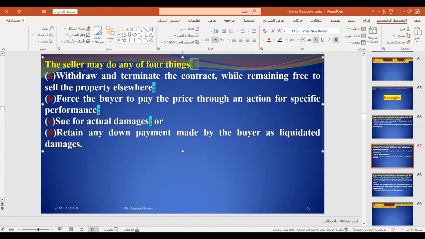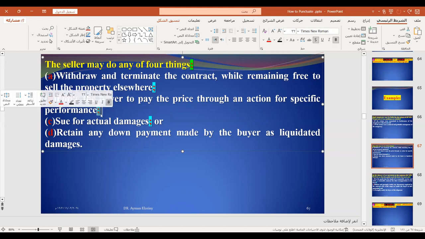Withdraw or terminate the contract, while remaining free to sell the property elsewhere. The first case. Second one: force the buyer to pay the price through an action for specific performance.